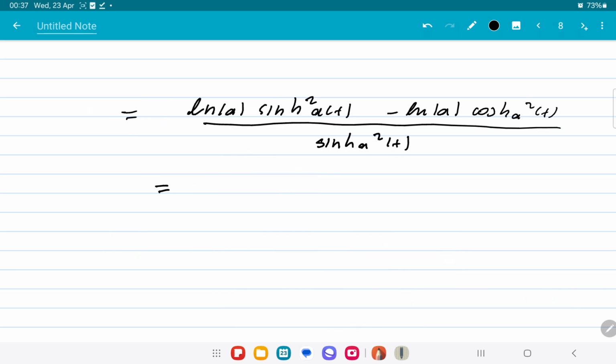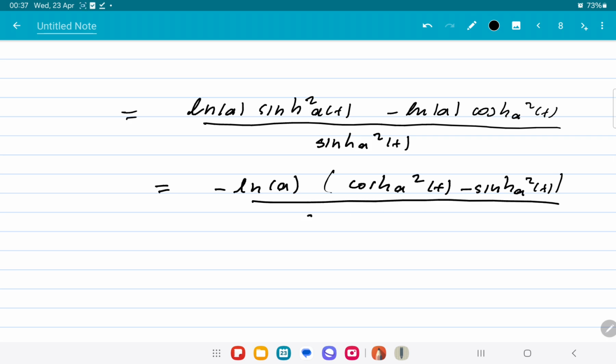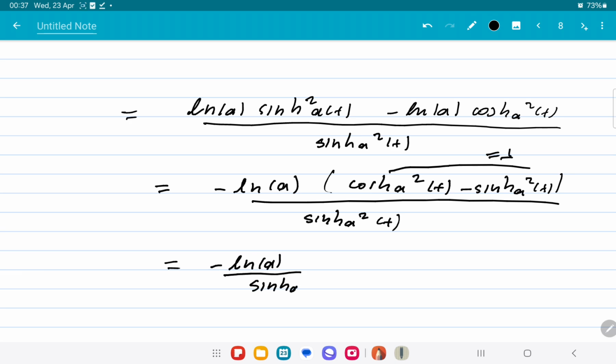I can take a common factor minus ln a, and inside the brackets I have cos hyperbolic squared of a t minus sine hyperbolic squared of a t, and in the denominator I have sine hyperbolic squared of a t. This is an identity that gives me 1, and I will have minus ln a over sine hyperbolic squared of a t, and that's the final answer.